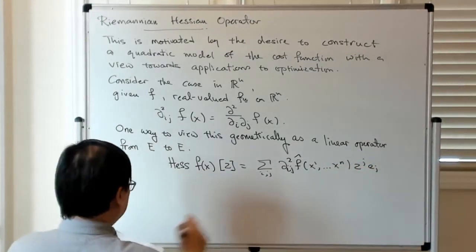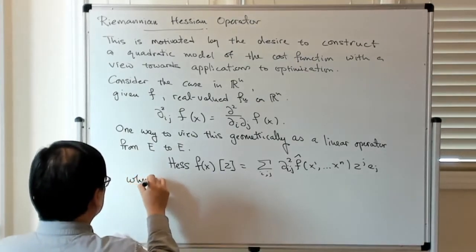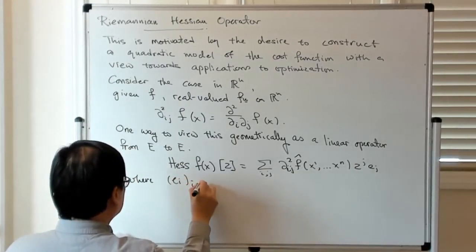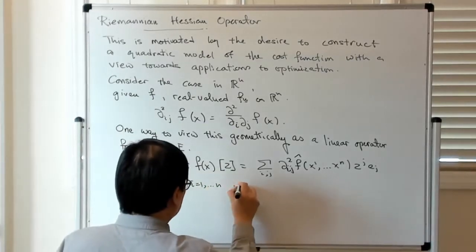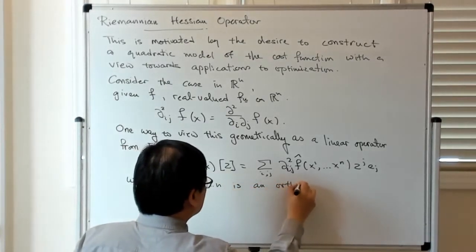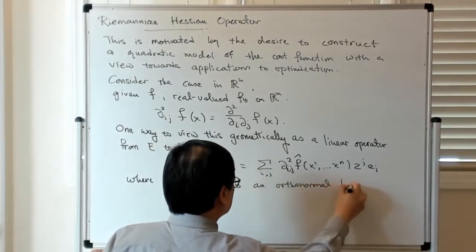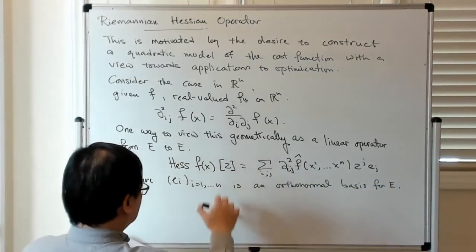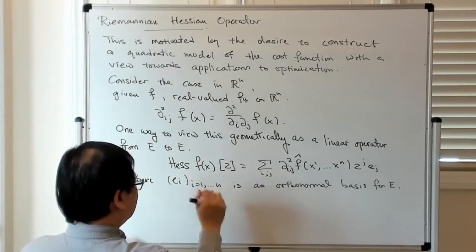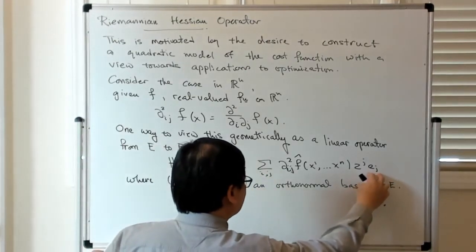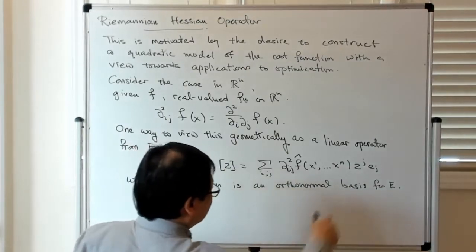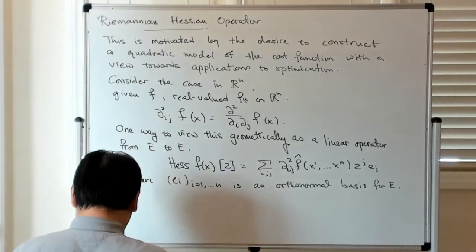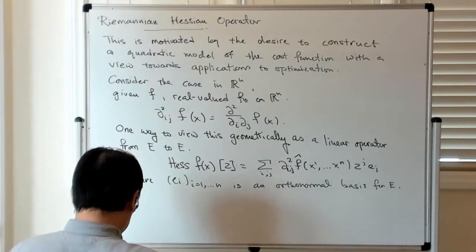Okay, so let me try to explain this. These ej's, ei's, are an orthonormal basis for E. That's to be expected, because you have a linear operator acting on a vector and you want to get another vector out of it. So that's the basis by which you're expanding that vector. And then this thing here is a bunch of coefficients.